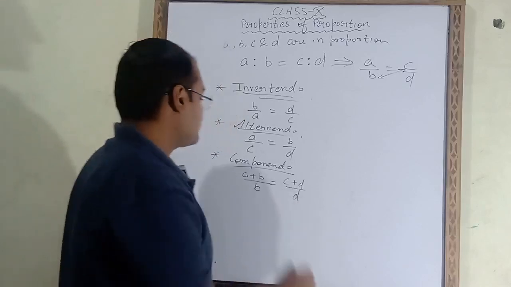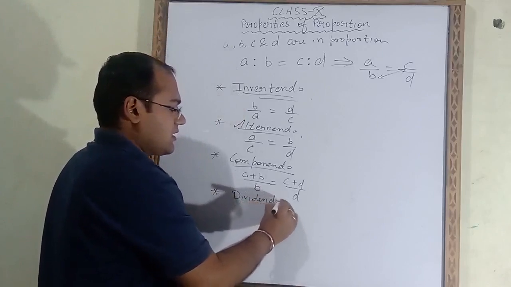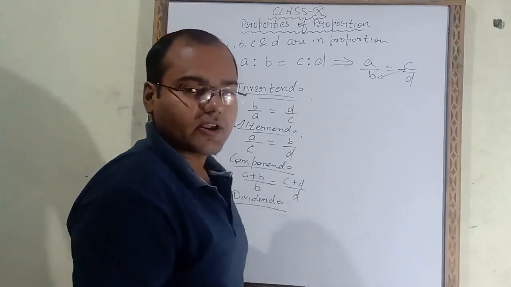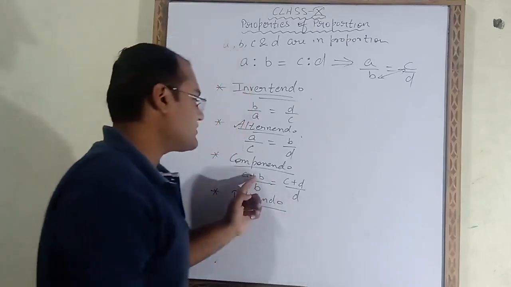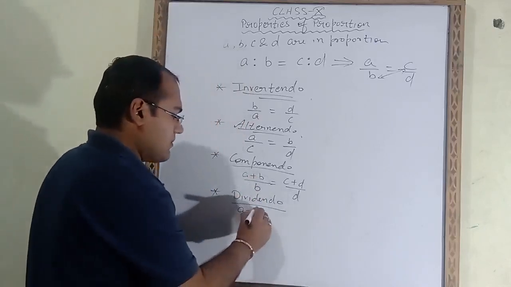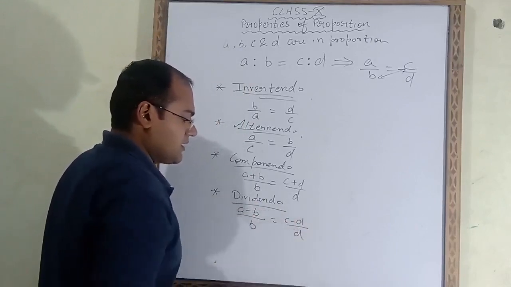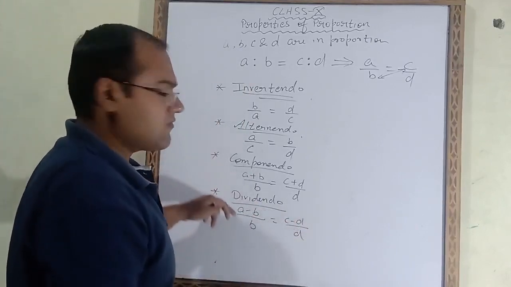Now fourth one is dividendo. In dividendo, we have to take the difference in the numerator. As we have taken the sum here, now we have to take the difference in the numerator. So A minus B upon B is equal to C minus D upon D. So this is the property number four.